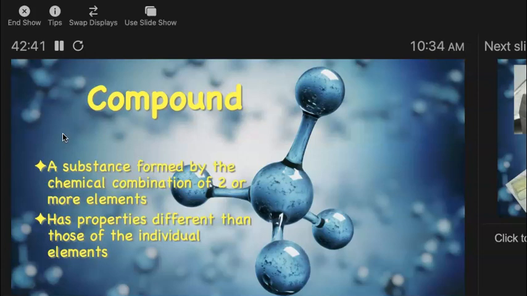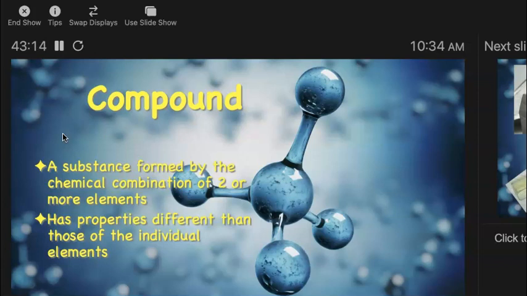You mix a flammable solid and a green poisonous gas together, and they make French fries taste good. That just makes zero sense. The properties are different than the original properties. All right? We wouldn't all have problems with eating too much salt in our diets if it lit us on fire or if it killed us every time we ate it. They lose those properties and they gain something new.